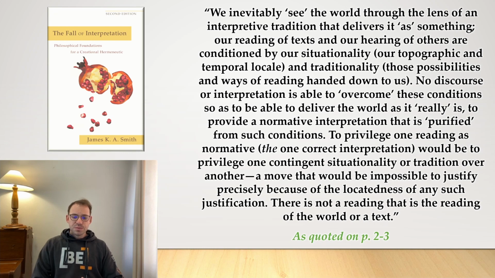"No discourse or interpretation is able to overcome these conditions so as to be able to deliver the world as it really is, to provide a normative interpretation that is purified from such conditions. To privilege one reading as normative, the one correct interpretation, would be to privilege one contingent situationality or tradition over another, a move that would be impossible to justify precisely because of the locatedness of any such justification. There is not a reading that is the reading of the world or a text."